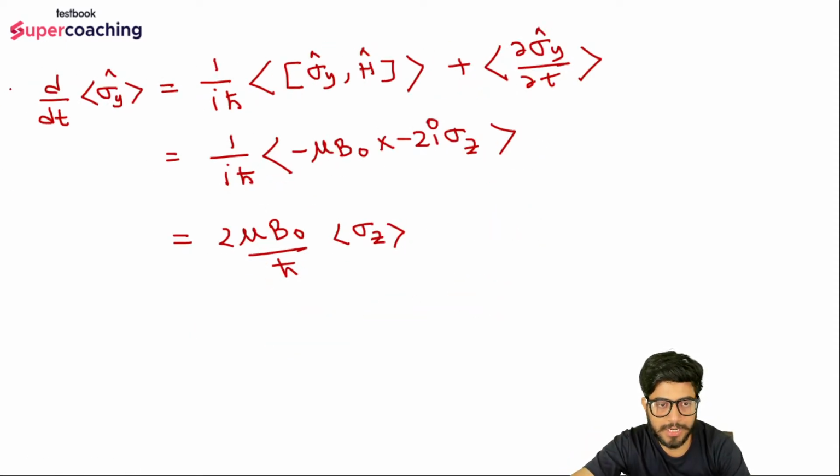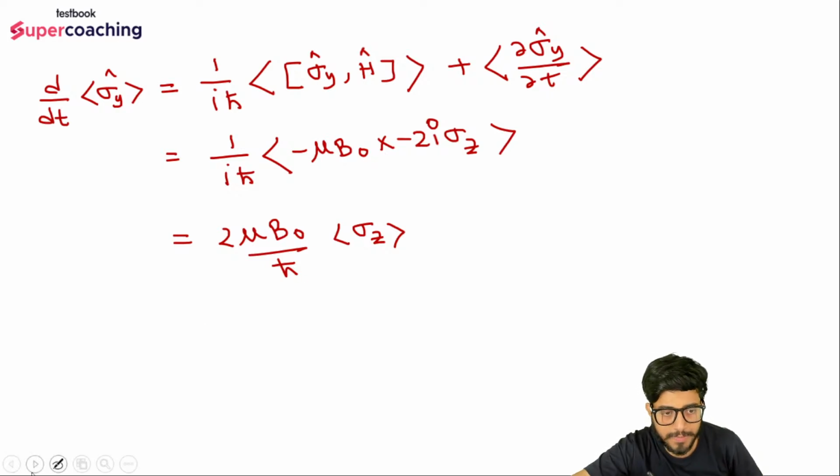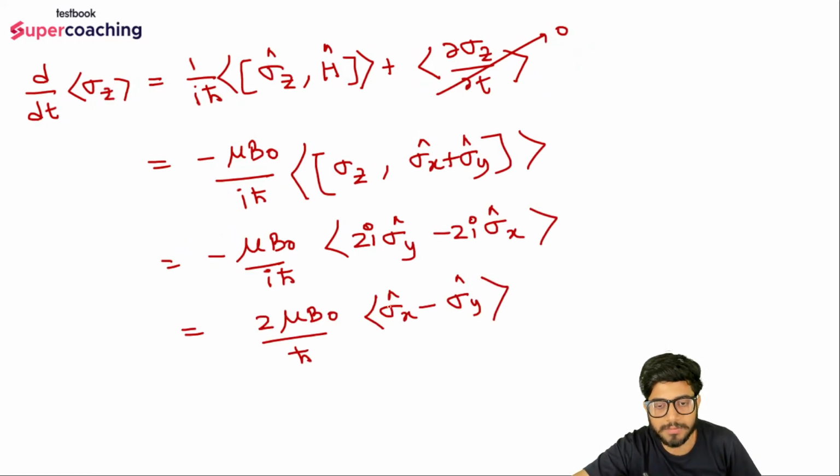Now if I do d/dt again, d2 sigma z dt2 equals 2 mu B naught by h cross times d/dt of sigma x minus sigma y, which is this thing. So I will get a function.